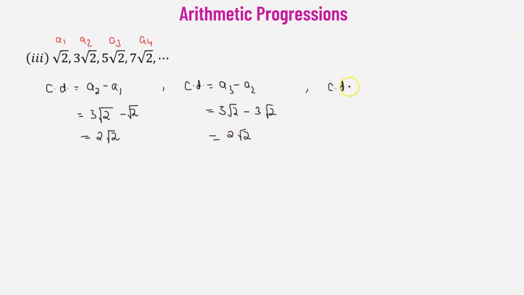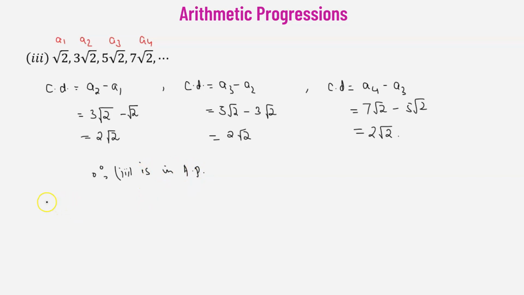And finally, we have the 4th term, and from it we subtract the 3rd term. So this is 7 square root of 2 minus 5 square root of 2, and this is going to give us 2 times square root of 2. And therefore we can say that the sequence given by 3 is in arithmetic progression.